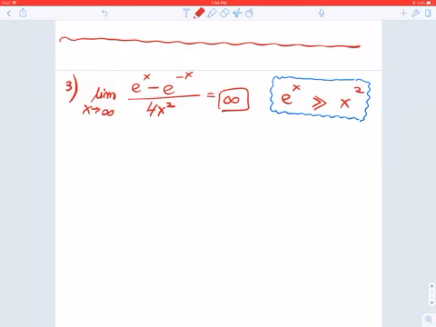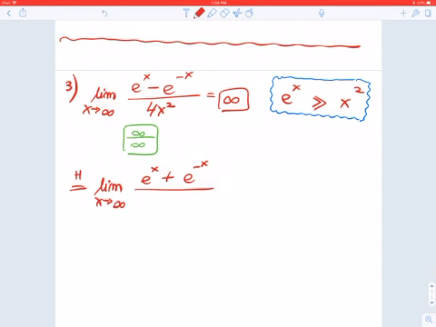But let's apply the L'Hopital rule. Because if x is infinity, e to the x at infinity is infinity, and the quadratic function at infinity is infinity. I think I can apply the L'Hopital rule right away. Let's see. Derivative of e to the x is e to the x. Derivative of e to the negative x is e to the negative x times negative, and both negatives will give me positive.